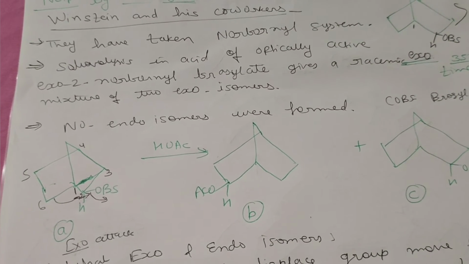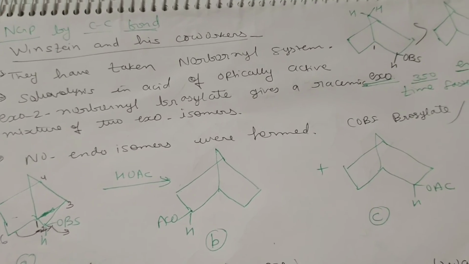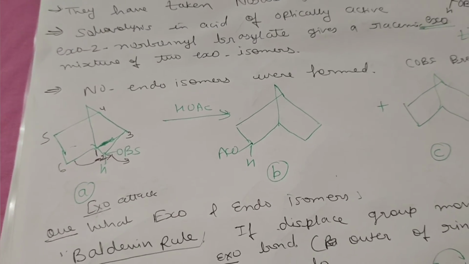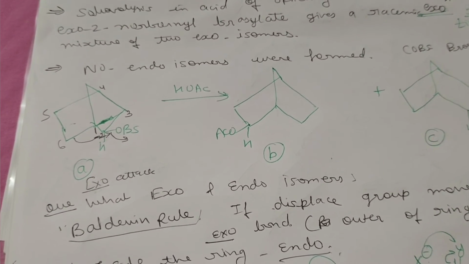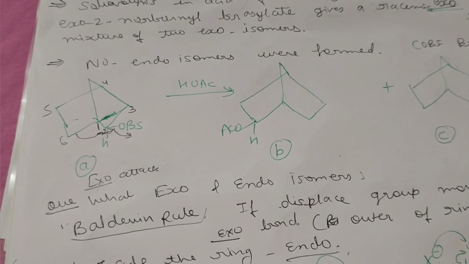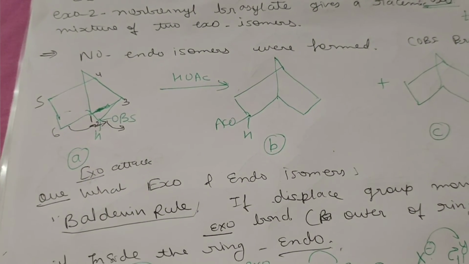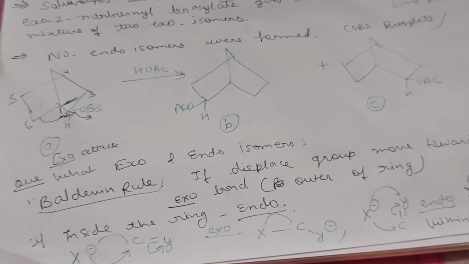This was the observation given by Winstein and co-workers. So here we can see how the reaction proceeds when the sigma bond is involved. Here we are taking one norbornyl brosylate as a reactant. So no endo isomers were formed.